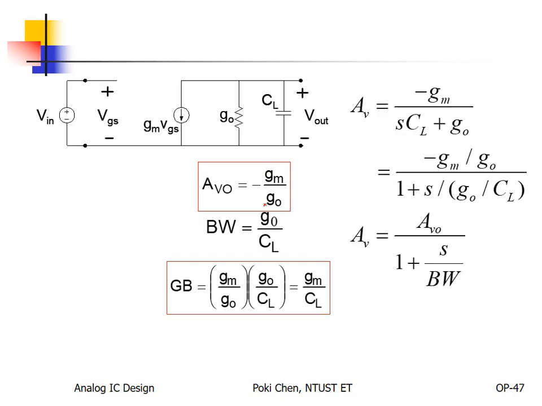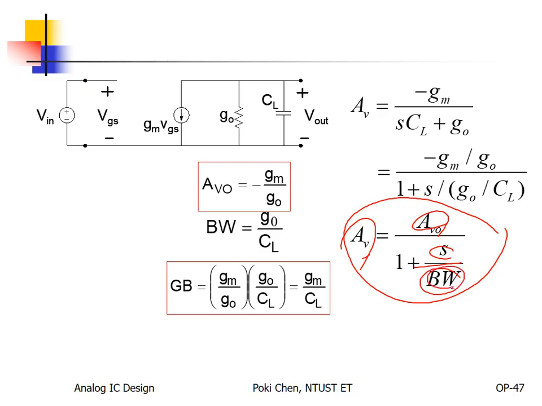What do you learn from fundamental circuit theory? It looks like that. That is a normalized form: the DC gain over 1 plus S over bandwidth.